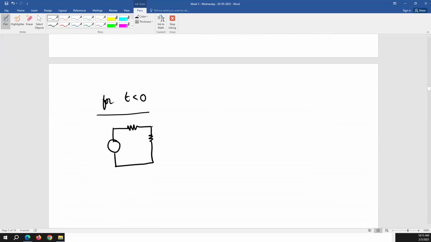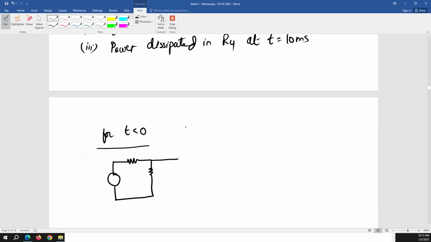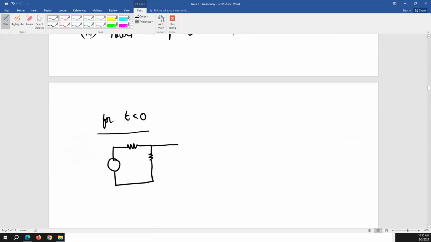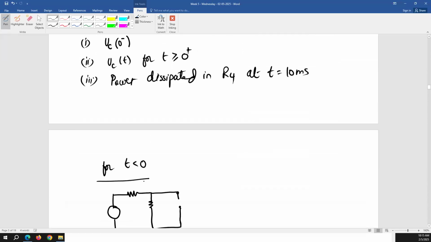So I'm redrawing the circuit. I'm going to close the switch, and the capacitor is an open circuit. And then you have R3 and R4.